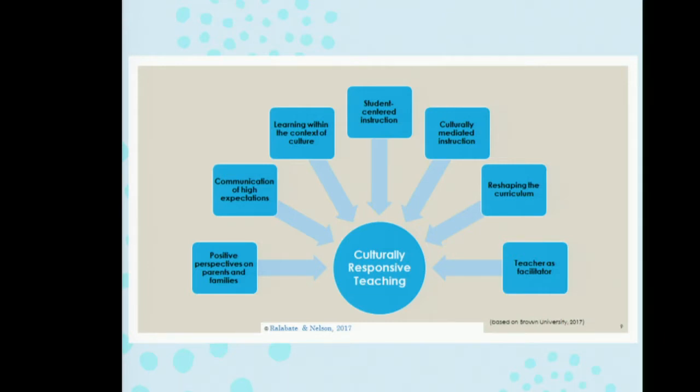But what Brown University did was they identified 7 principles under culturally responsive teaching.